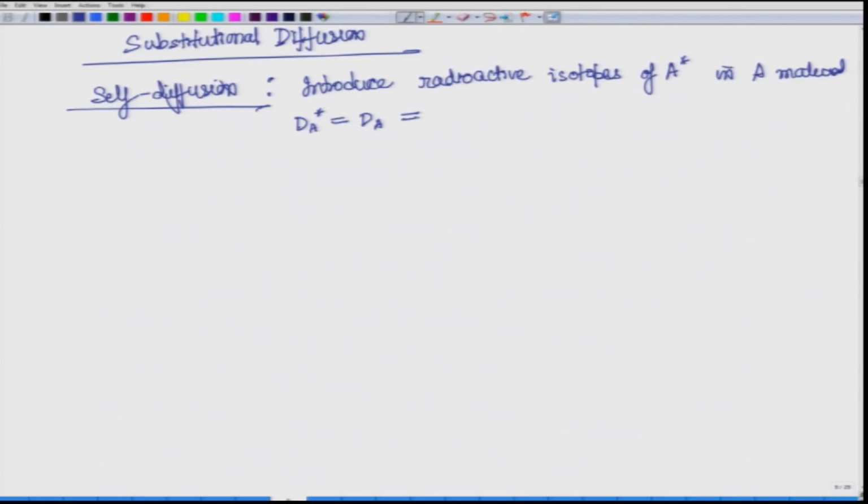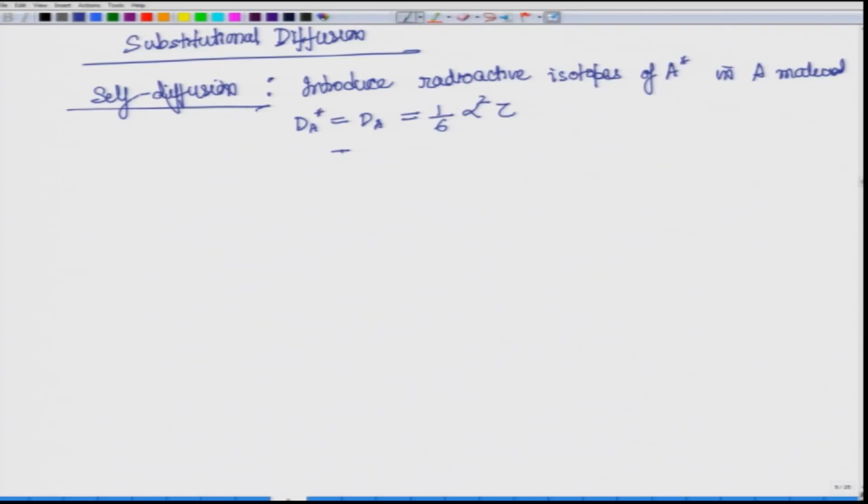And here also the first part, that is the relation for D A in terms of tau, would remain the same, which we had earlier derived as 1 by 6 alpha square tau. Alpha square is the spacing between the atoms, and tau is the successful jump frequency.